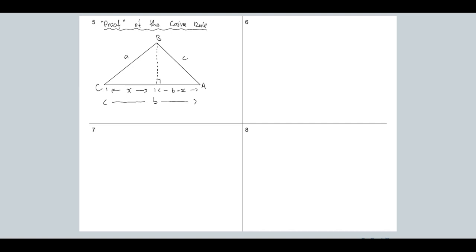Okay, so looking at the right-hand triangle, from Pythagoras' theorem, we have c squared equals the height of that triangle, h, squared, plus the bottom length of that triangle, which is b minus x.